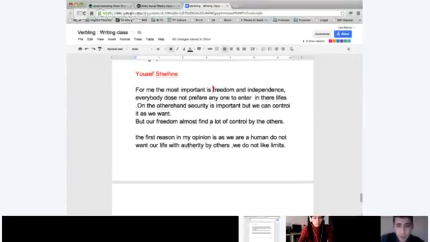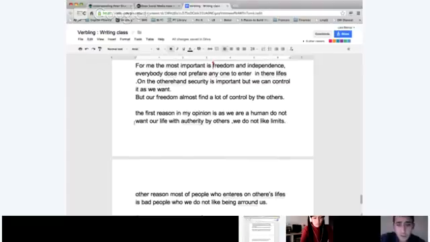For me, the most important is freedom and independence. Everybody doesn't prefer anyone to enter in their lives. On the other hand, security is important, but we can control it as we want. But our freedom almost find a lot of control by the others. The first reason, in my opinion, is as we are a human, don't want our life with authority by others.